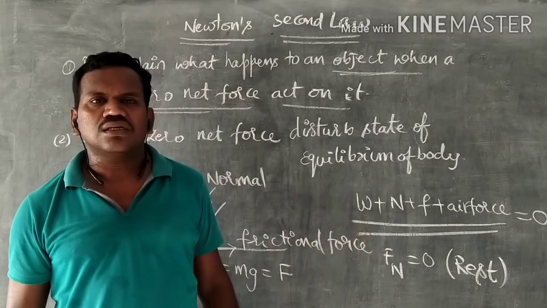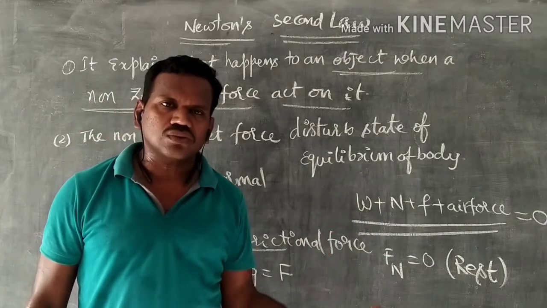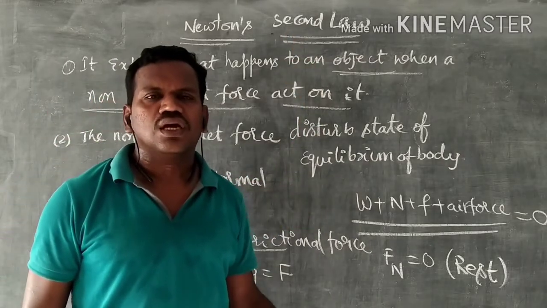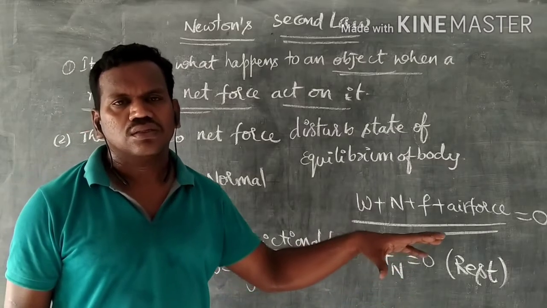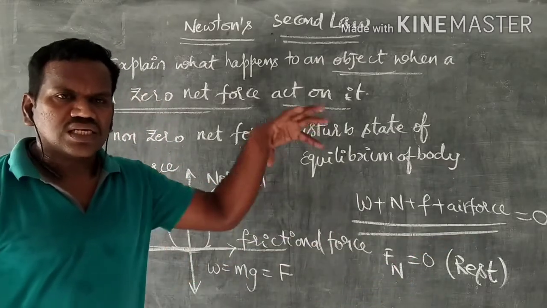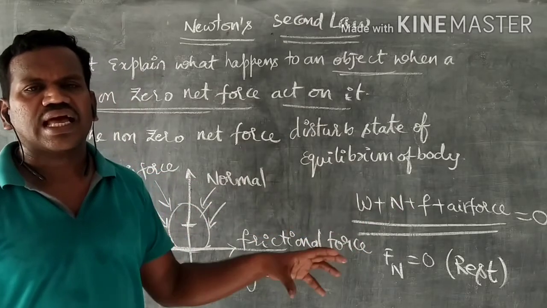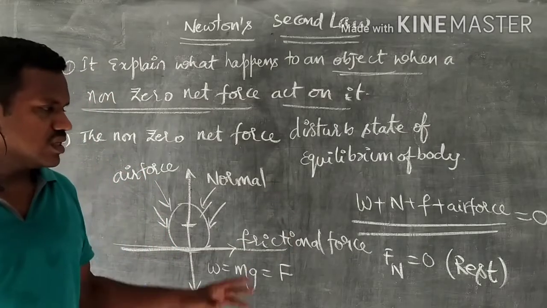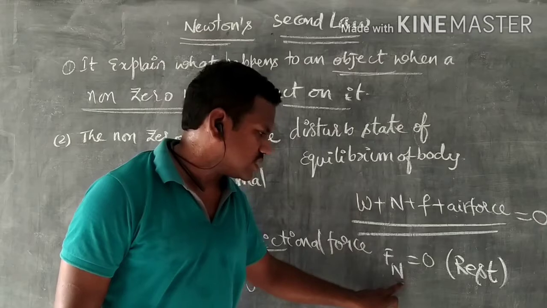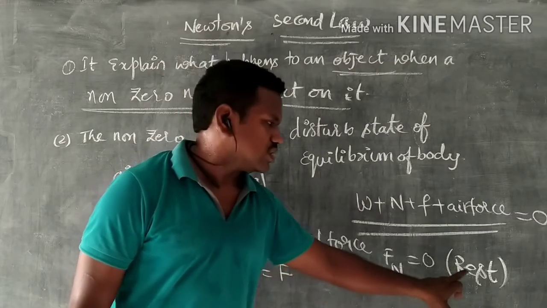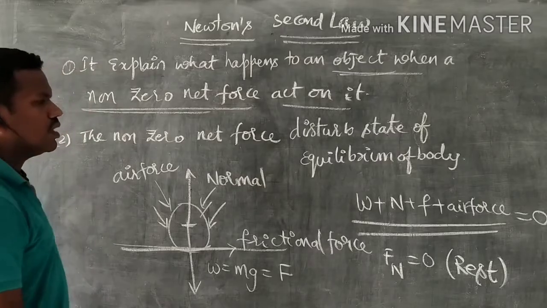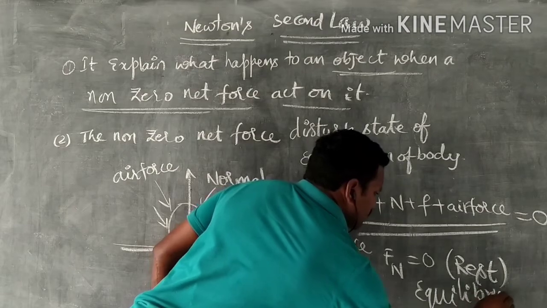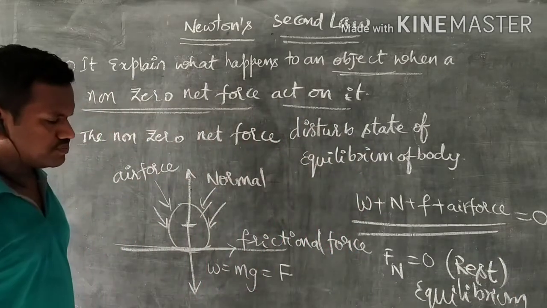But internally, weight acts downward, normal acts upward, and frictional force and various other forces act on the football. The sum of all these forces acting on the football is called net force. If F net is equal to 0, the body is at rest, or the body is in equilibrium.